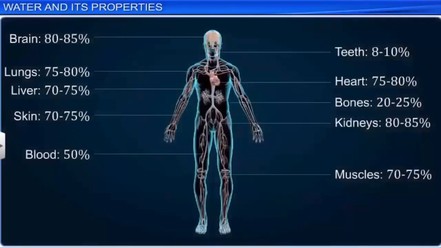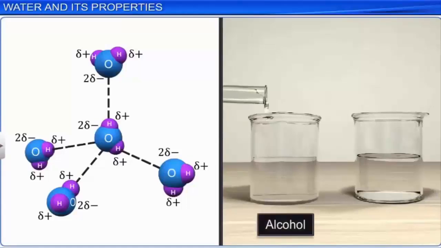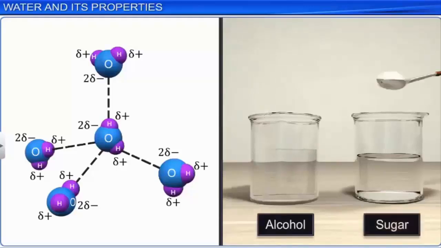Water is an excellent solvent for the transportation of ions and molecules required for animal metabolism. Due to hydrogen bonding with polar molecules, even covalent compounds such as alcohol and carbohydrates dissolve in water.